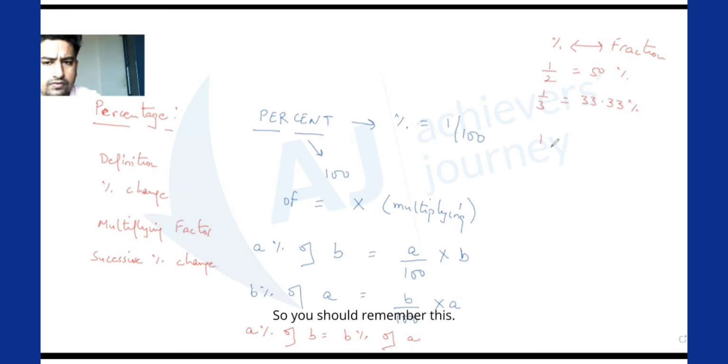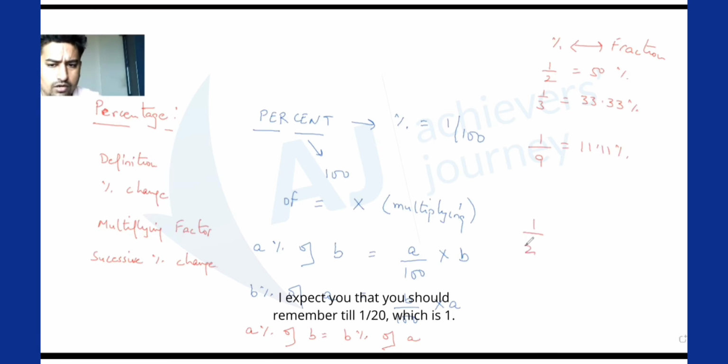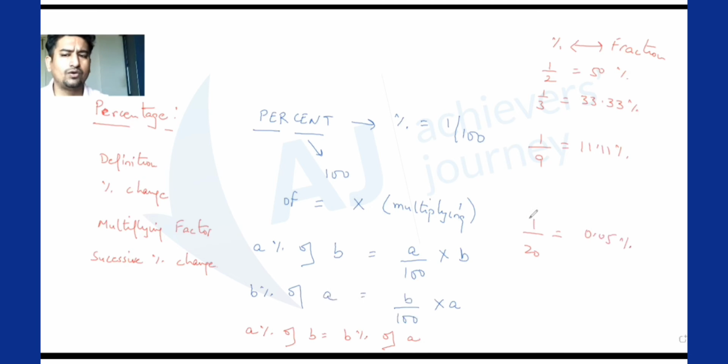So you should remember this. For example, 1 by 9 is 11.11%. It goes on, right? So what I expect is that you should remember till 1 by 20, which is 5%, right? This should be on your fingertips. These equivalents, percentage to fraction and fraction to percentage, should be on your fingertips. It will help you a lot, right?